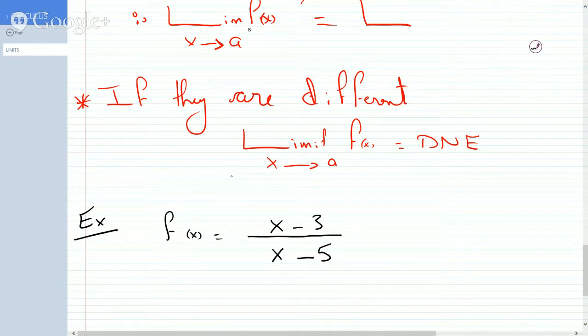Let's just write it right away. We don't need to write it fast. Keep the questions simple and concise. The limit as x goes to 5.